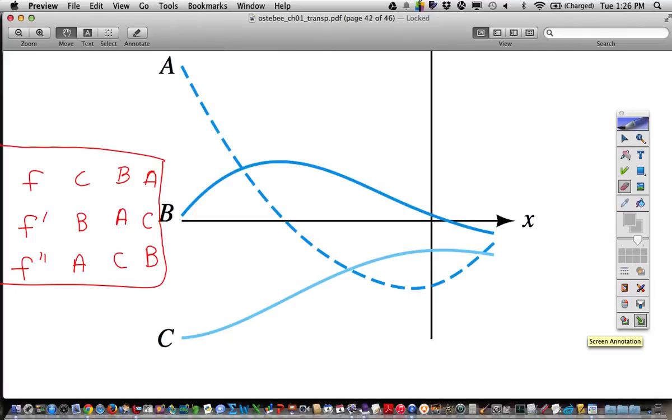Well, here's something I noticed. First of all, when you get to one of these, if you find two graphs that have an F prime relationship, does that have to be F and F prime? It could be F prime and F double prime. Now what I'm noticing here is B and A are F prime and F double prime. Here we've got B and A are F and F prime.